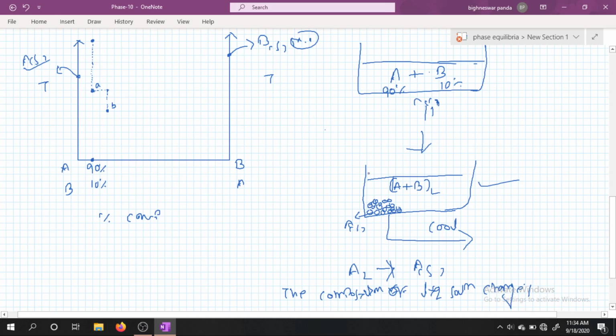Since some A solid is being converted from A liquid, again the composition of B is increased. This is the freezing point C. So here what happens, A plus B liquid is present, and from A plus B liquid, A solid is formed.